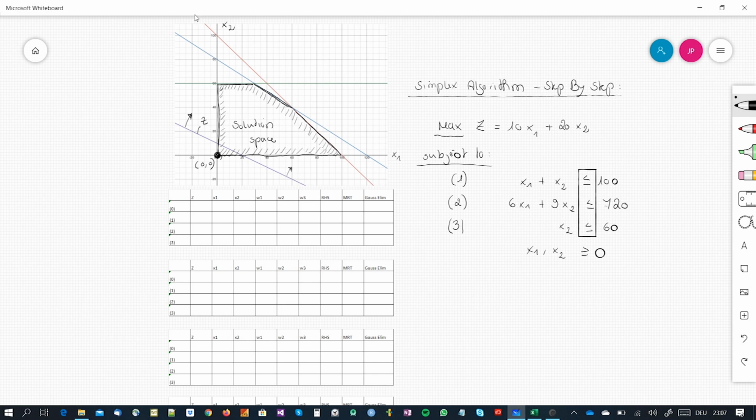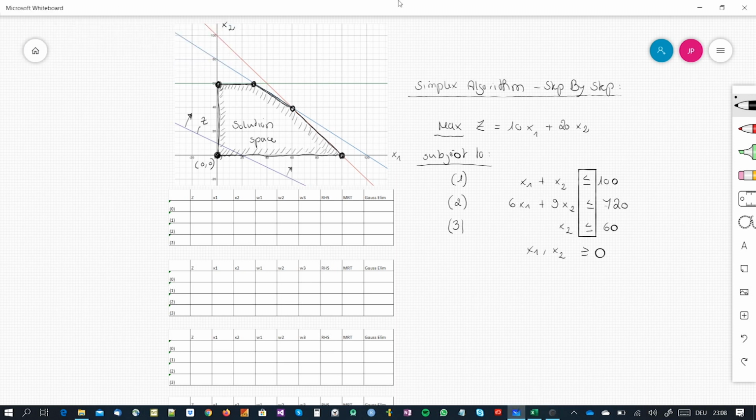And then it evaluates the neighboring corner point solutions. That would be this one or that one from our initial basic feasible solution. And then if it decides to go to either one of them, it evaluates also the other ones until it finds no corner point solution that is better than the one that we already have found.